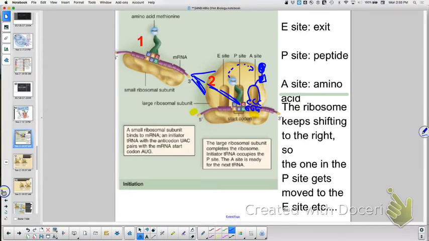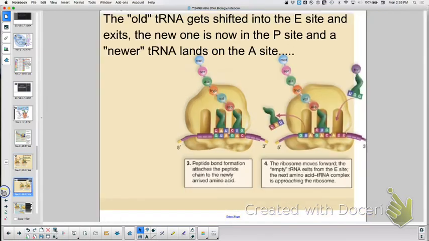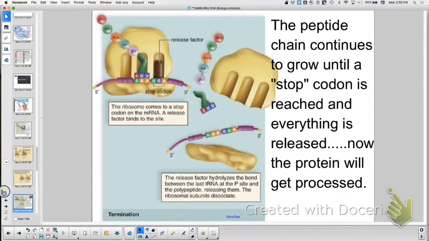A new guy lands on the A site, the one in the P site dumps his load, and the ribosome shifts. The last guy leaves. It keeps going until you reach a stop codon.